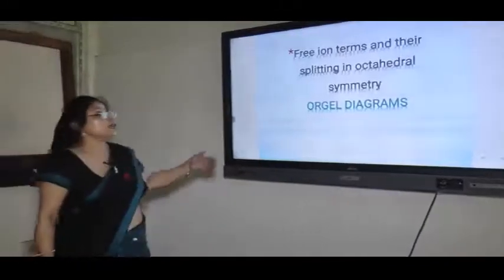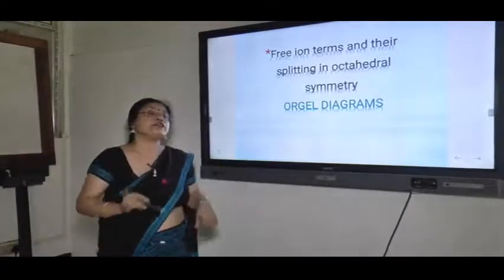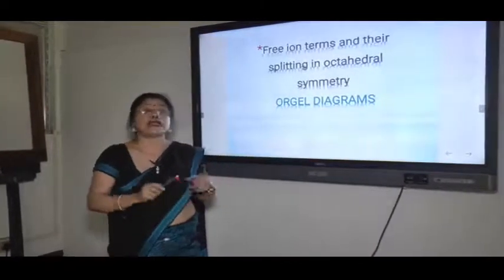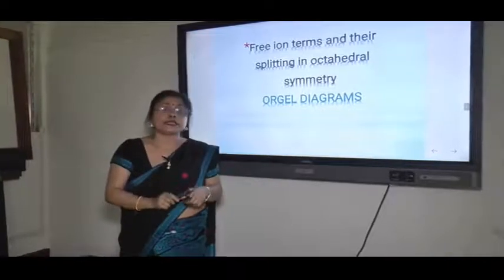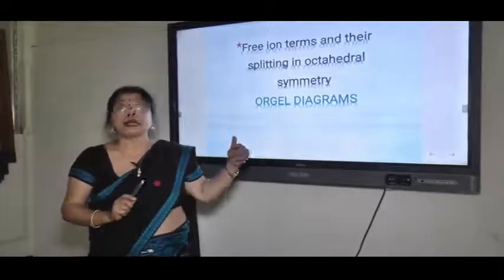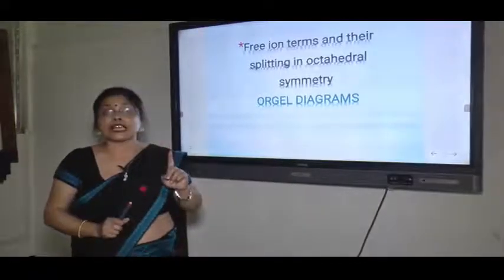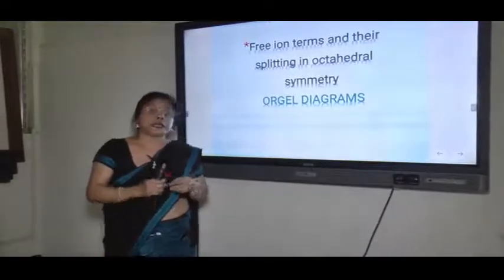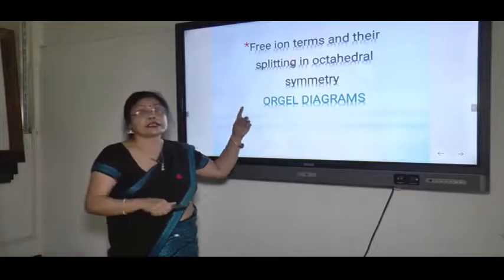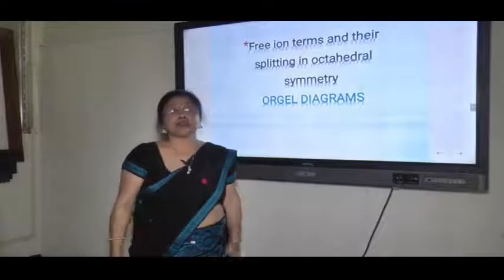So we were studying free ion terms and their splitting. Very simply, each electronic configuration gives rise to different microstates because of the different arrangements of electrons in the valence shell. Each microstate gives rise to a definite term. Just like the d orbitals split in an octahedral field, the terms arising from each microstate also split into different levels.